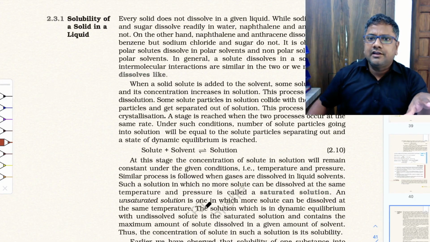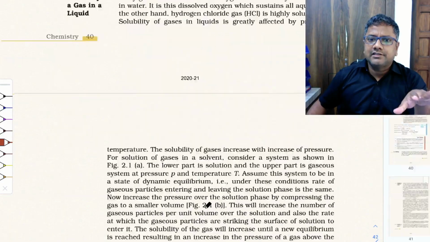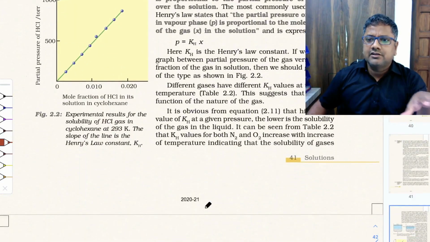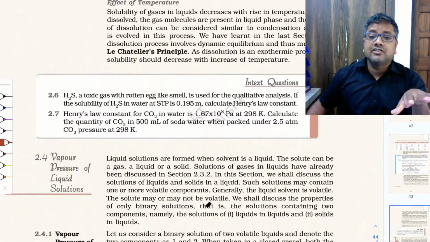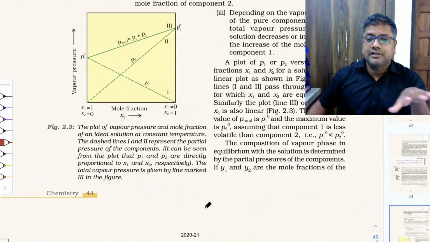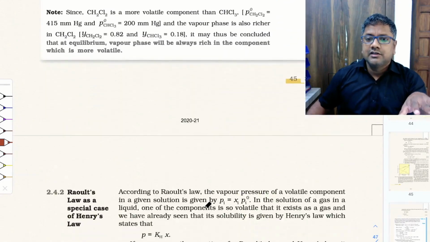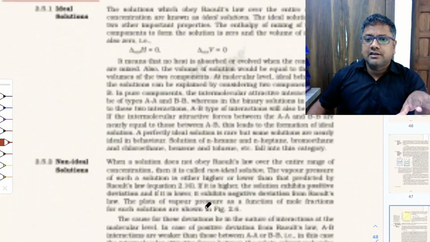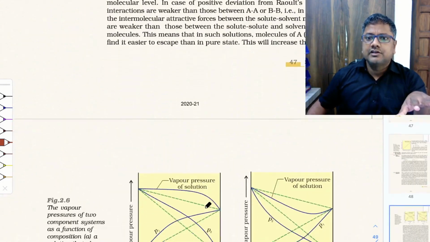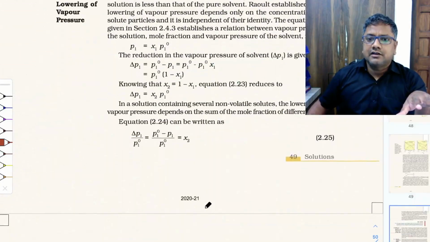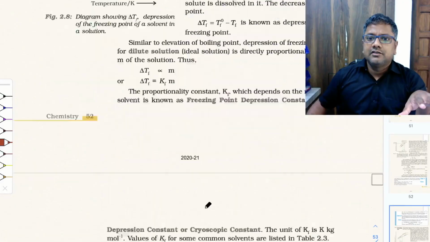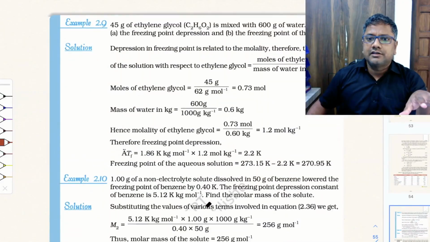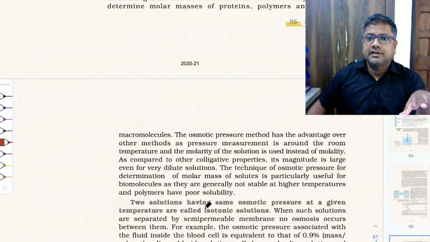Solubility of solid in liquid and solubility of gas, Henry's law, Raoult's law, right? Ideal solution, real solution, determination of molar mass, right? All these things are in your syllabus, but the complex calculation portion they have removed from your syllabus, right?